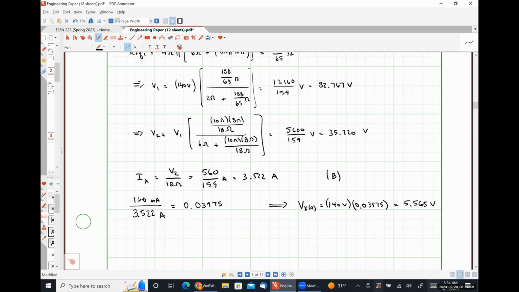0.16 divided by 3.5220125, blah, blah, blah. So this is supposed to be 0.0454 and change. That gives .360 volts.